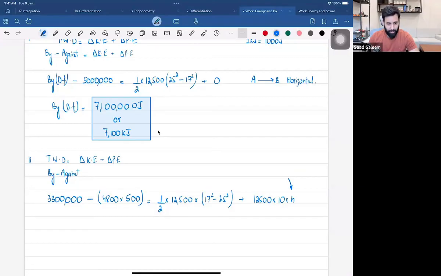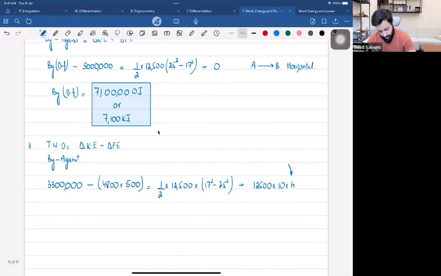So let's solve. Let's see what we get. 4,800 into 500, 3,300 with 3 zeros, minus the answer. So we're looking at 900,000. So 900,000 is equal to 0.5 into 12,500 into 17 squared minus 25 squared, close the bracket. This is minus 2, 1, and how many zeros? 5 zeros.